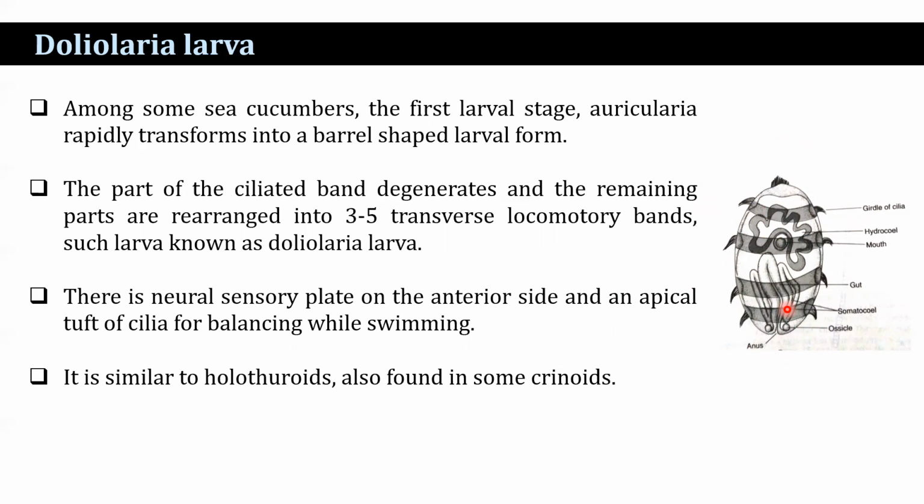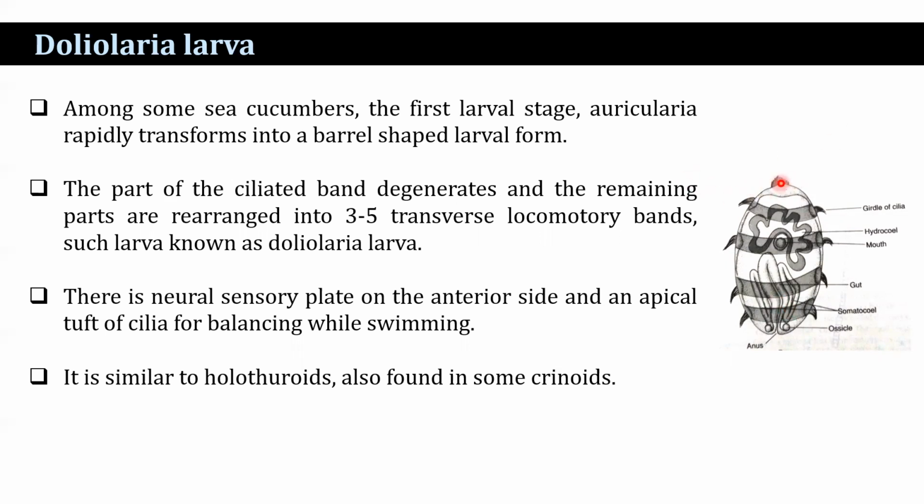That means the Brachiolaria larva is modified from the Bipinnaria larva, whereas the Auricularia larva rapidly transforms into a barrel-shaped larva, that is a Doliolaria larva. So basically two basic forms, Auricularia and Bipinnaria. Bipinnaria is modified into Brachiolaria and Auricularia transforms into the barrel-shaped form, the Doliolaria larva. There are neural sensory plates on the anterior side and an apical tuft of cilia.